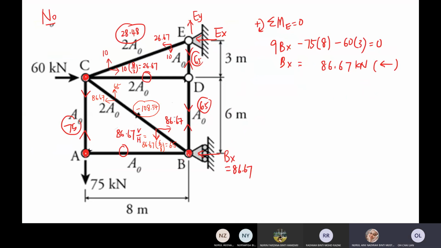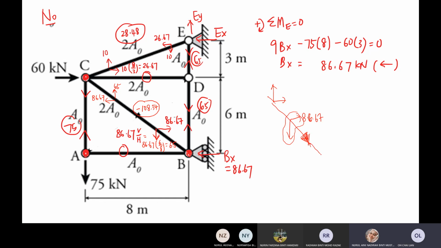Alright, jadi yang ni force tadi you dapat 86.87. Ya, you nampak saya punya screen sekarang? Nampak. Jadi untuk vertical component itu pastikan resultant ini dilukis di tengah-tengahnya. Macam ni. Jangan you lukis macam ni pula. Once you boleh lukis macam ni, you akan tahu arrow-nya untuk resultant adalah ke arah ini.